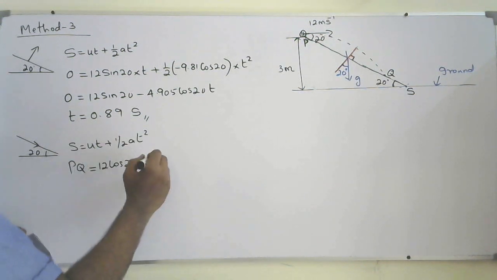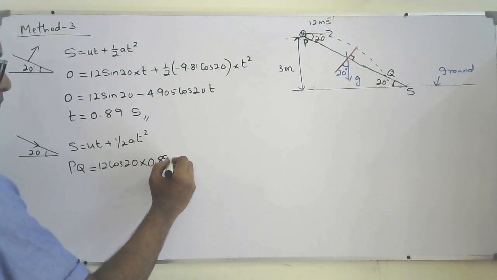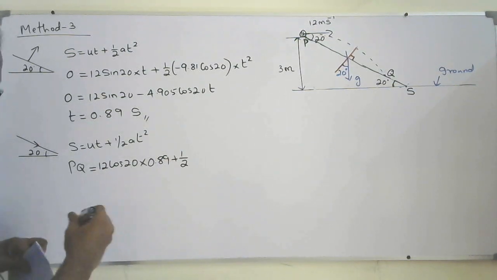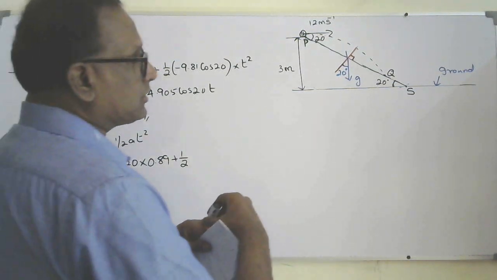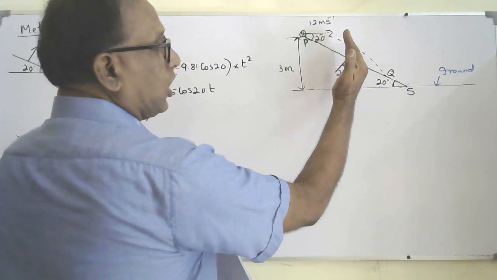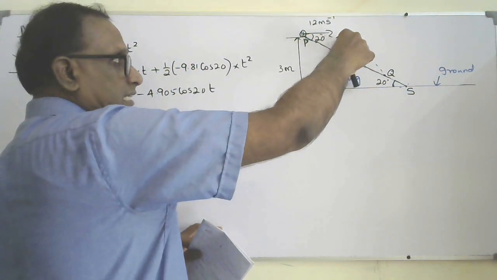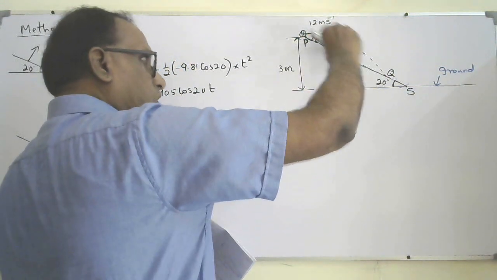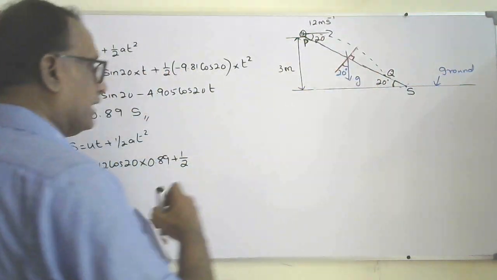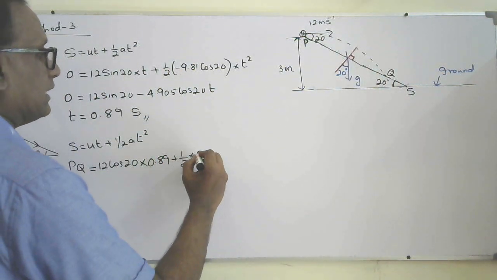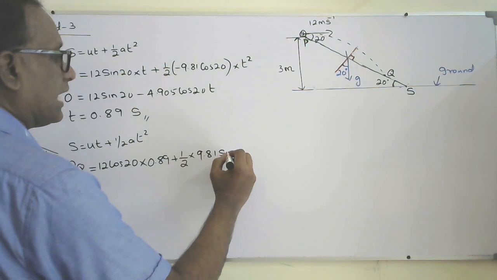Okay, so the displacement PQ equals initial velocity 12 cos 20 into the time we know, 0.89, plus half into acceleration. When we consider along the slope, this is g sin 20 downwards along the slope down. So that is 9.81 sin 20.